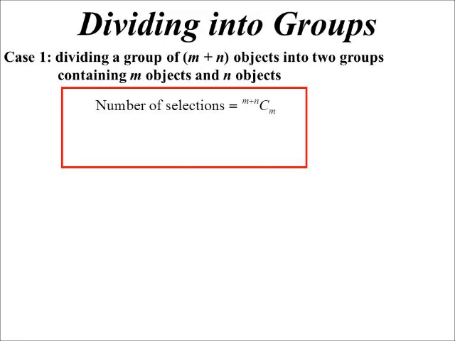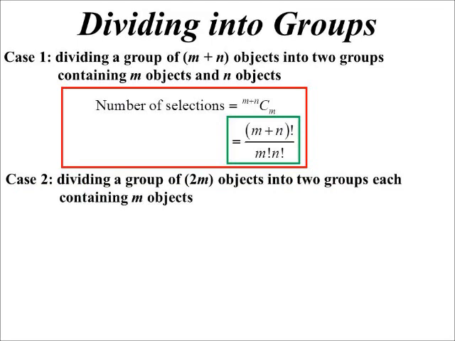Because all you're really saying is how many ways could I choose m objects from m plus n? You don't have to worry about the other group, because as soon as you've chosen the m objects, the n that are left over naturally become the other group. Okay? In factorial notation, of course, it's m plus n factorial over m factorial n factorial.